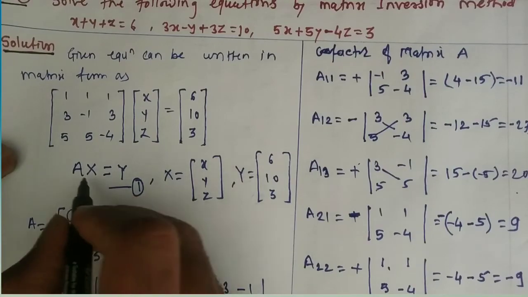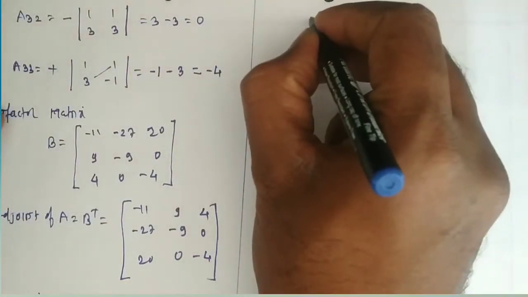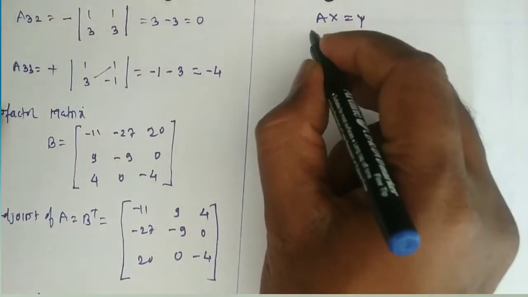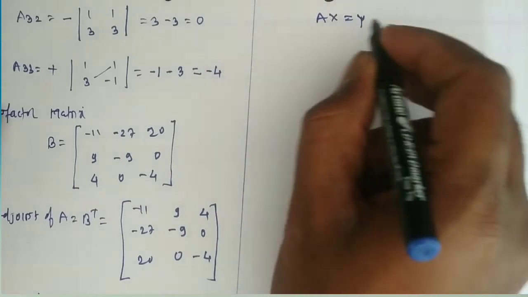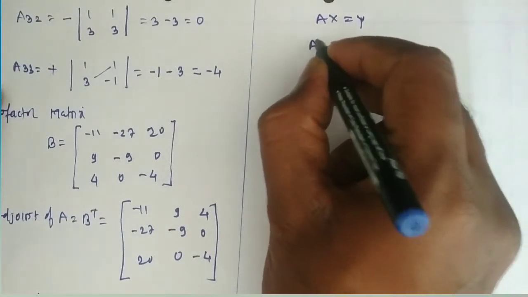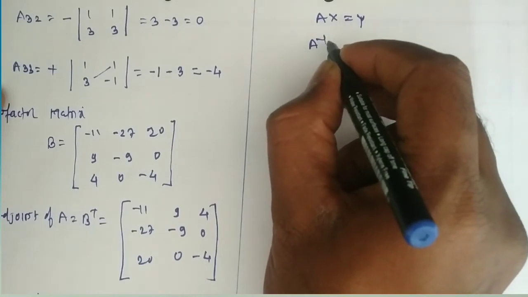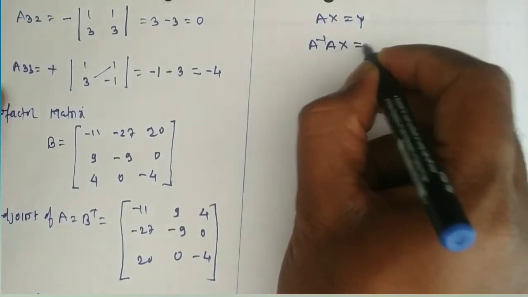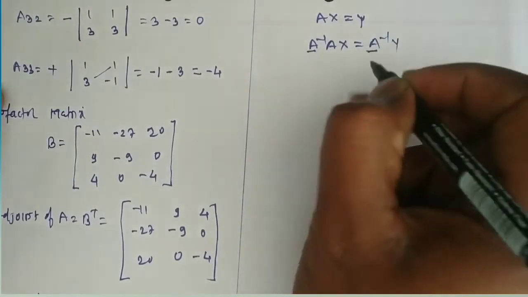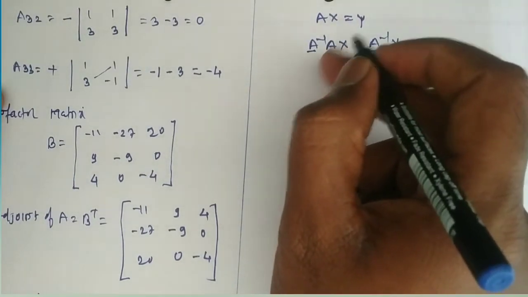So write AX is equal to Y. If I multiply this by A inverse on both sides, what will you get? A inverse into A into X is equal to A inverse Y. So what I did: I multiplied A inverse on both sides, on the left hand side.